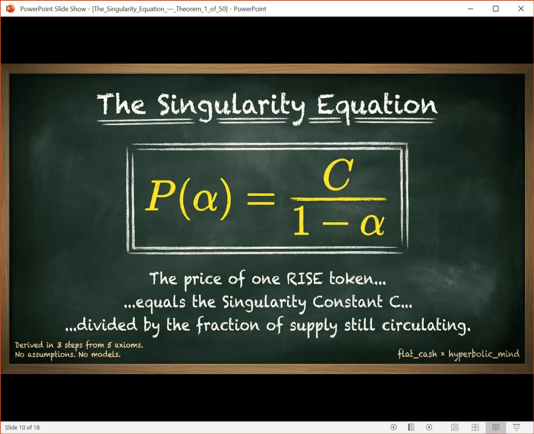So the price of one rice token equals the singularity constant C divided by the fraction of the supply that is still circulating. Again, this is the equation that drives the price.